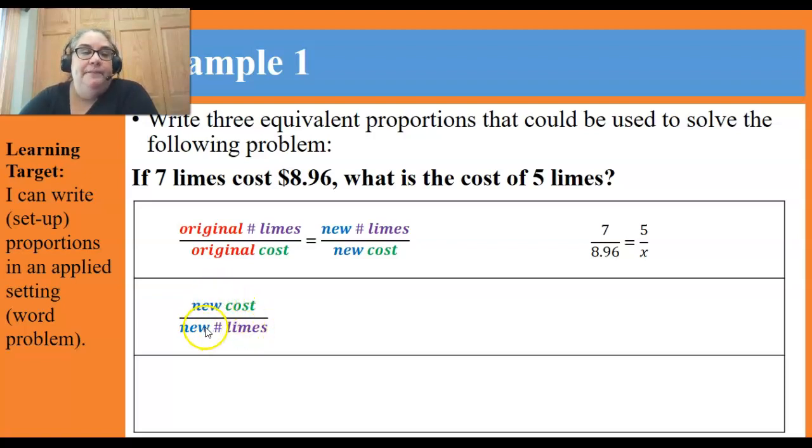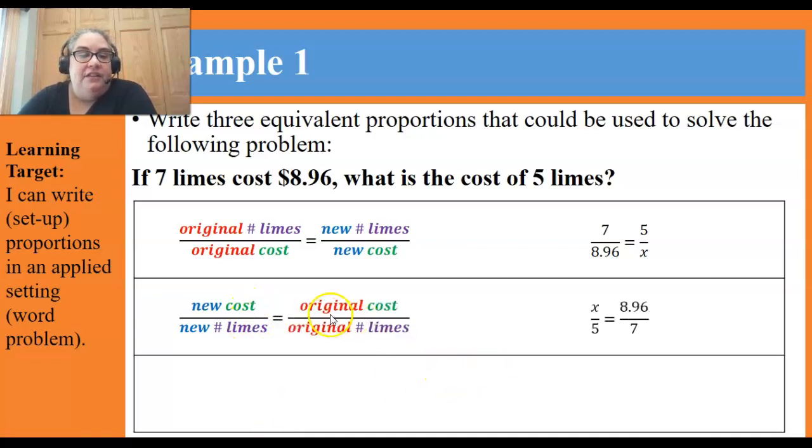So here in my first ratio, I have my new scenario, and I need to compare that to the original scenario. Now, in this case, my cost is in the numerator and my number of limes is in the denominator. So in my new ratio, I need to keep the ratio cost to limes.